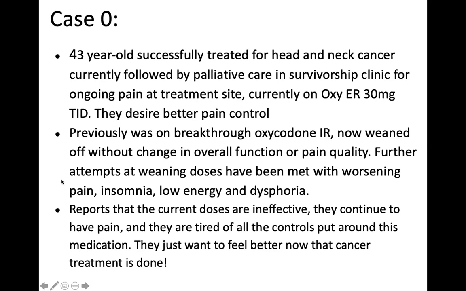And despite this, the patient continues to feel that the current doses are ineffective, that pain is still an issue, and that they are also feeling tired with the restrictions that are put on them because of this medication. They really just want to feel better now that their cancer treatment is done.